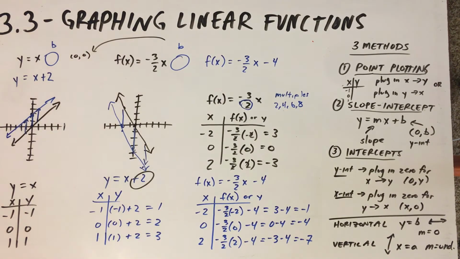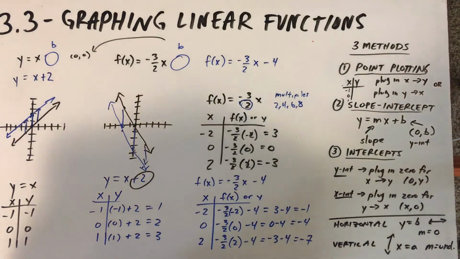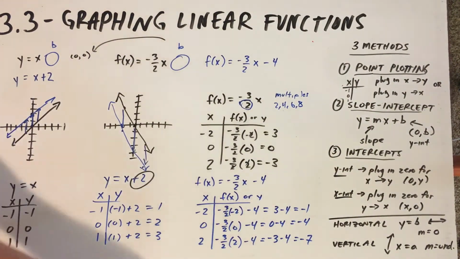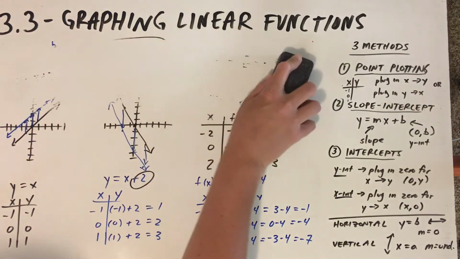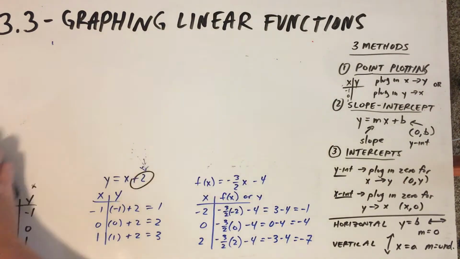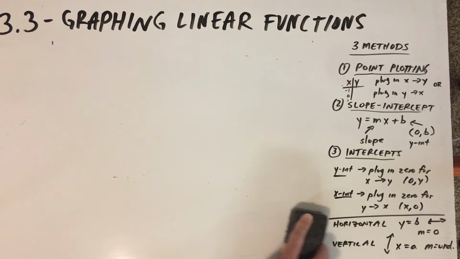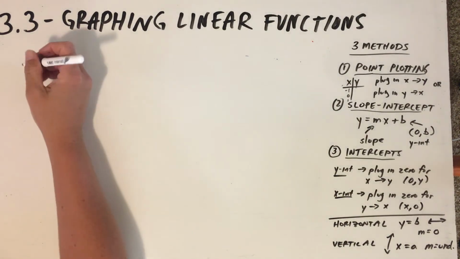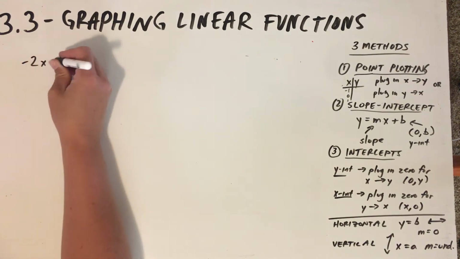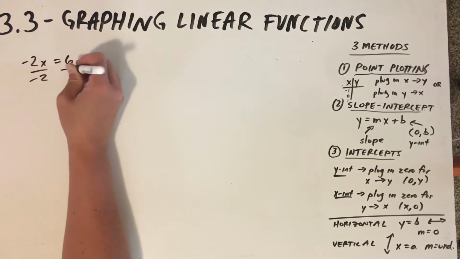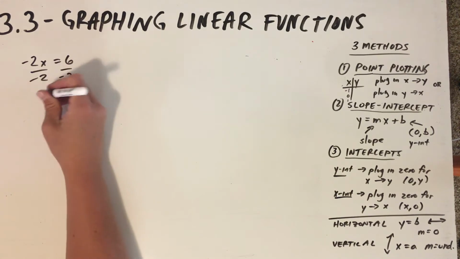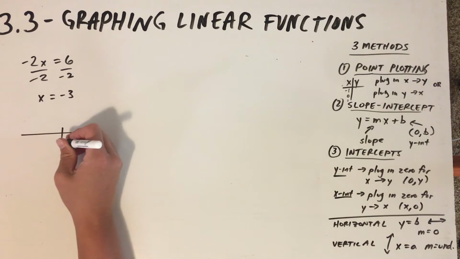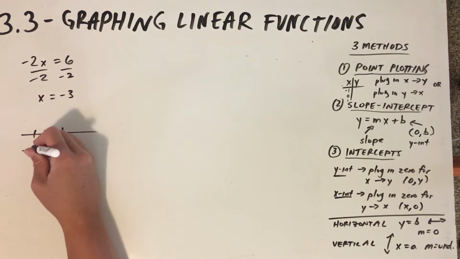The next thing I would like to do is talk about horizontal and vertical lines. Horizontal and vertical lines are kind of unique when you're dealing with the XY coordinate system. So remember back when we were solving equations, it was like, oh, -2x is equal to 6, and if you divide by -2, x is equal to -3, and on this number line, this is the point -3, right here.